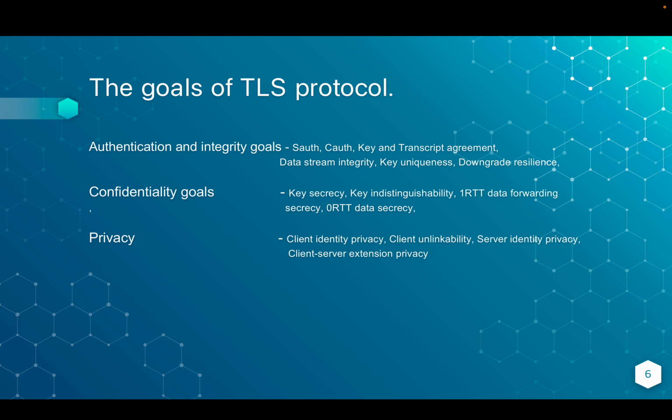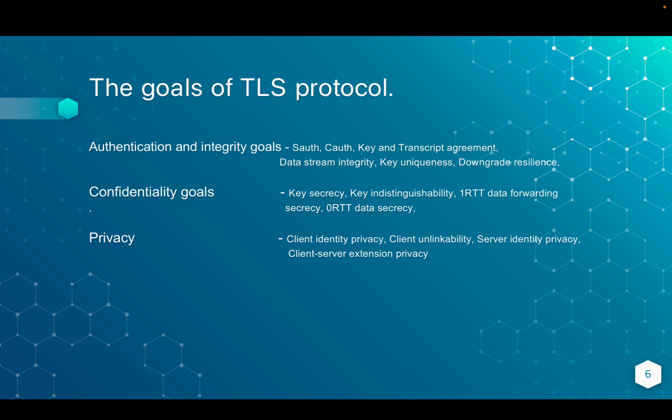The next one is zero round trip time data secrecy. What it says is that if the client sends zero round trip time data over TLS 1.3, then the pre-shared keys, the keys that you got from the previous connection, must be kept separate, otherwise the system is compromised.